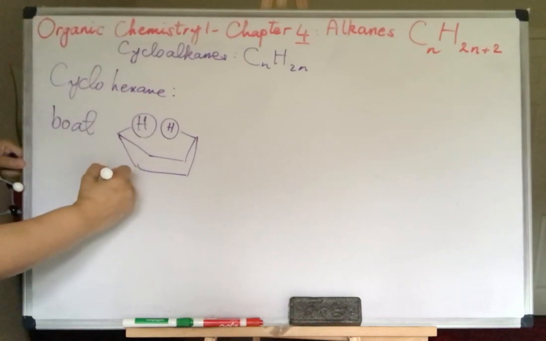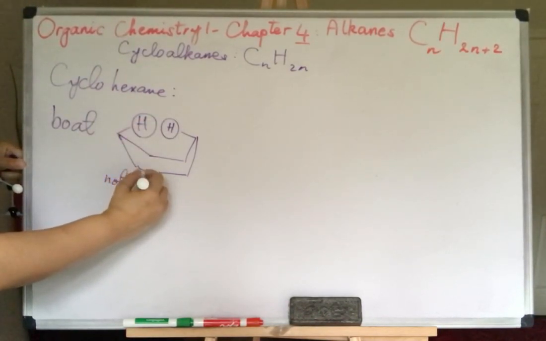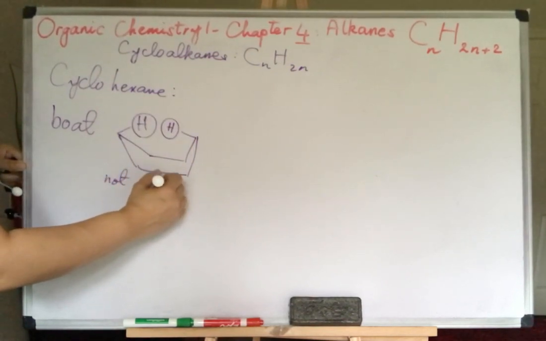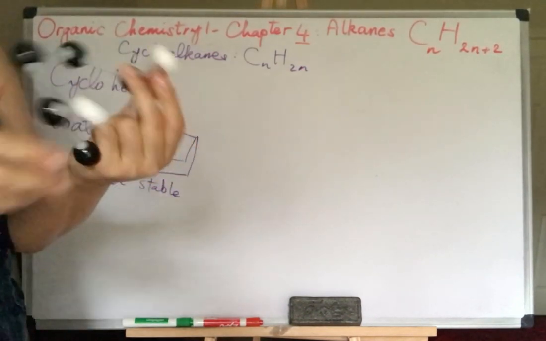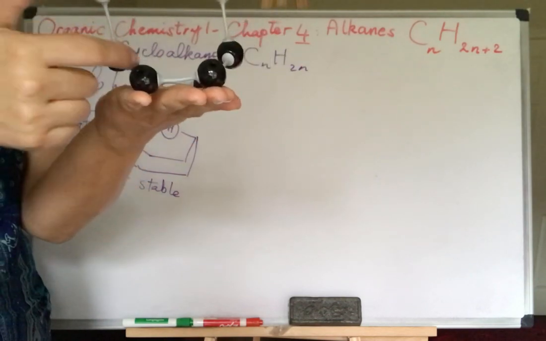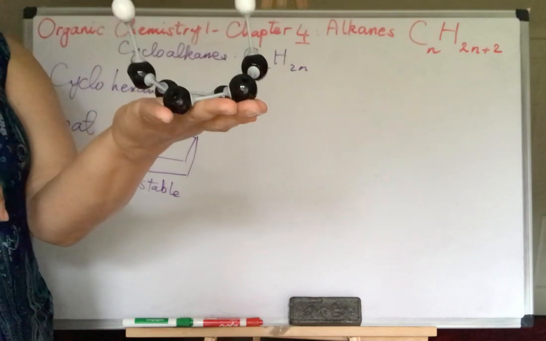Cyclohexane boat is not stable because of the steric strain between the two hydrogens of carbon number 1 and 4. But in order to minimize the strain, instead of a boat, we can have a chair conformation, just like a chair.